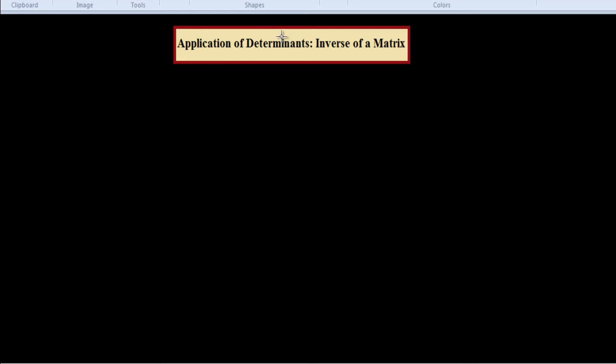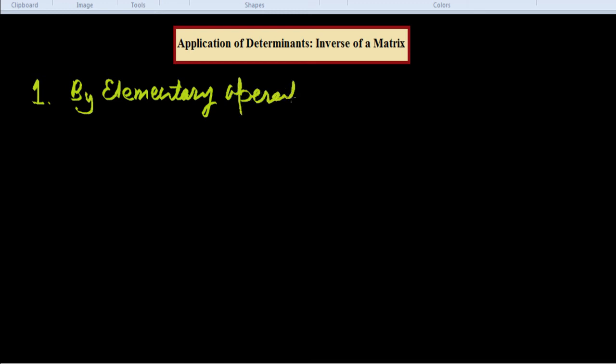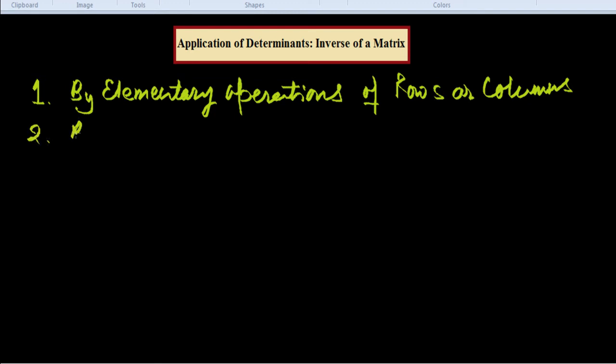Number one is by elementary operations of rows or columns. The second approach is by adjoint matrix.